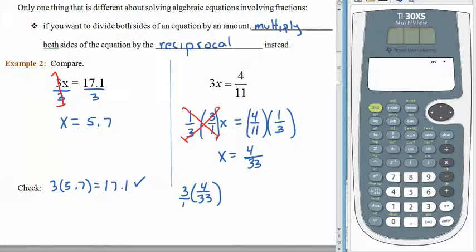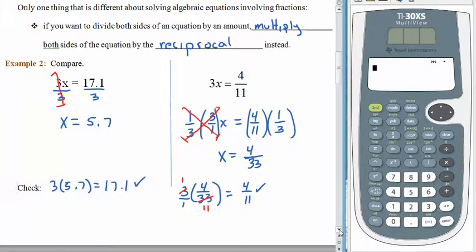This one is small enough. We can do it without a calculator. Right? We know 3 goes into 33 11 times. So divide out that common factor of 3. And then multiply straight across. And there we are, 4/11. Everything checks. All right, see, it's not that bad. That idea of multiplying by the reciprocal really makes things a lot nicer.